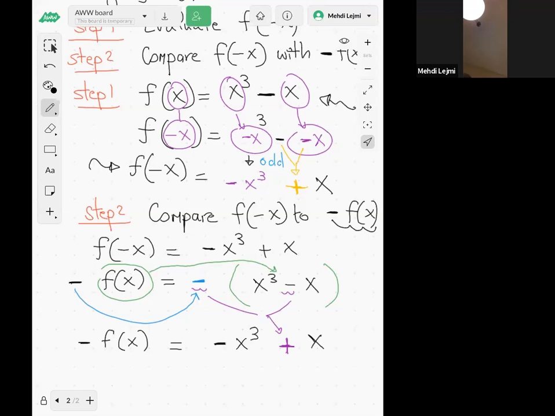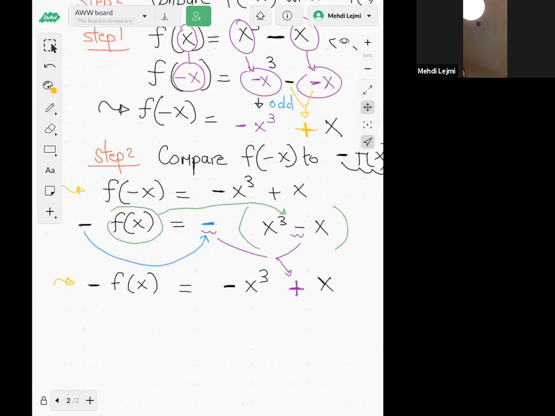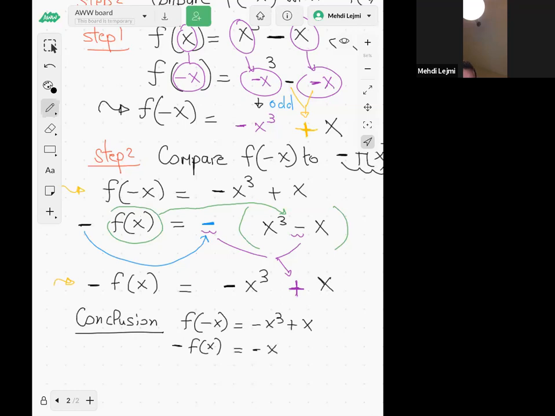So we got f of minus x, we got minus f of x, and as you can see, they are equal. Conclusion here: f of minus x is minus x cubed plus x, and minus f of x is minus x cubed plus x.